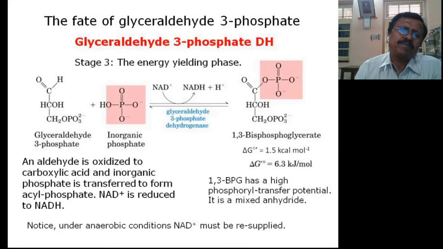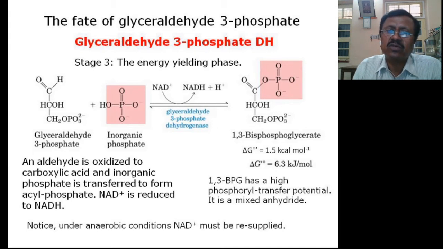In this way, the 6 carbon sugar is broken down into 2 molecules of glyceraldehyde 3 phosphate by a sequence of 5 reactions. Now, the 2 moles of glyceraldehyde 3 phosphate formed per mole of glucose will continue in the glycolytic pathway in the second stage of glycolysis.